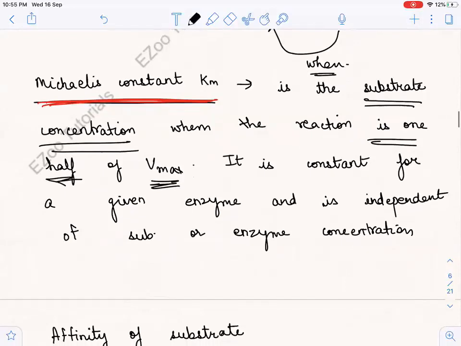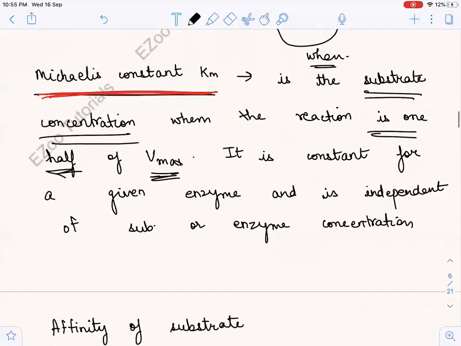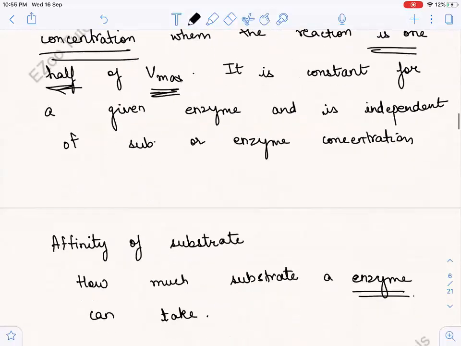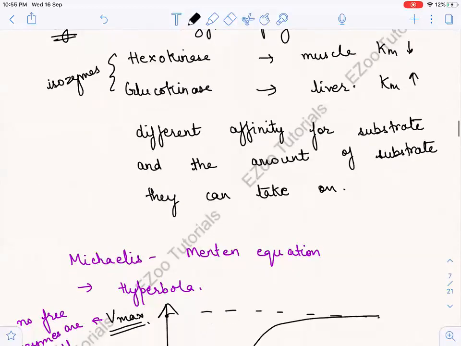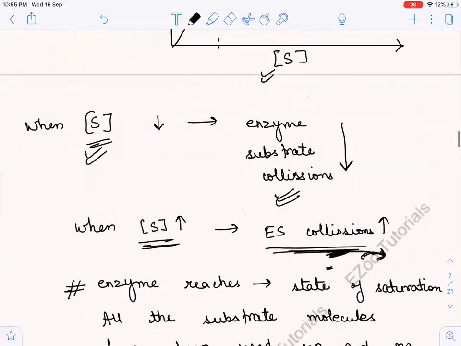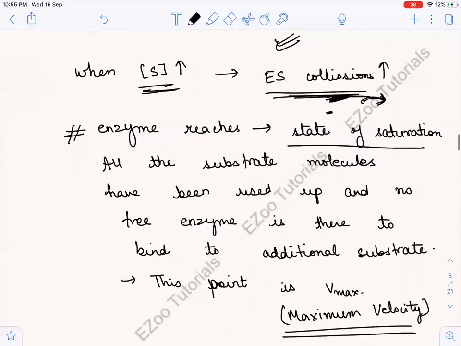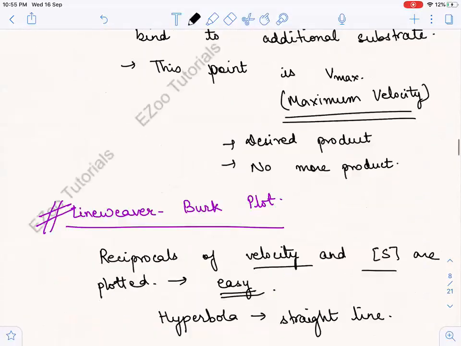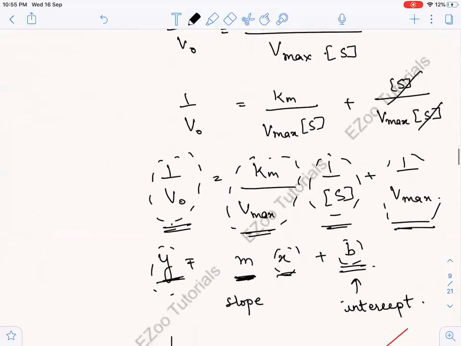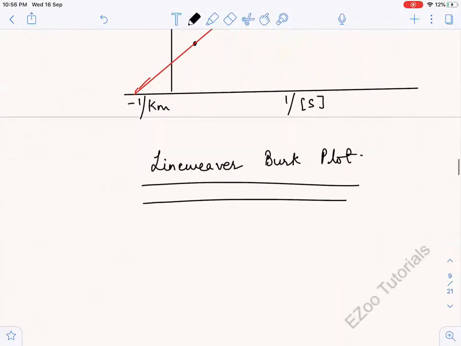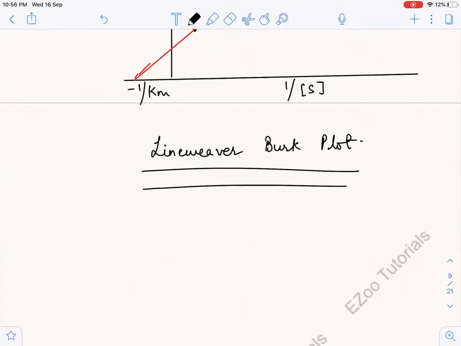Then we saw what affinity for substrate means. Then we saw examples of isozymes, and then we plotted it, right? And then we saw the state of saturation and the maximum velocity, and then we drew the Lineweaver-Burk plot. So it was a very nice thing.